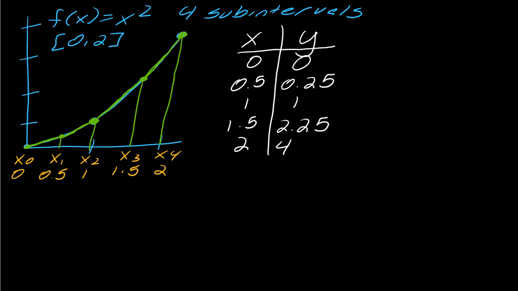In the interest of time, I went ahead and filled that in for us, and now we can really get this party started. Let's start with this first little trapezoid here. I need to take the height of each side. The heights here are 0, and at this endpoint the height will be 0.25.